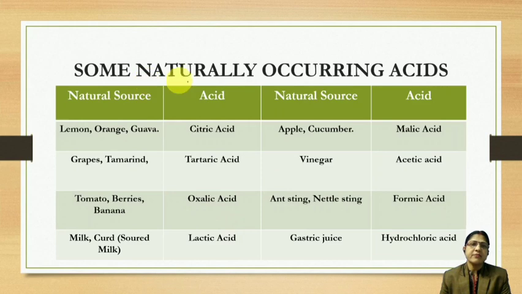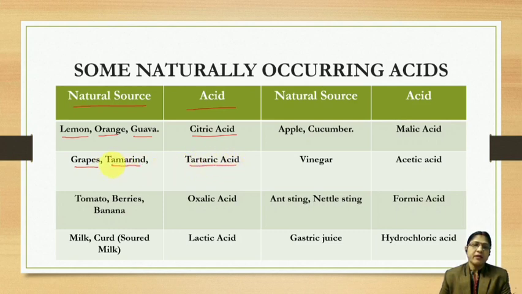Let us discuss some naturally occurring acids. Naturally means these are naturally available. So here I have listed some natural sources and the acid present in each. Everybody has tasted these definitely. Lemon, orange, guava, all these contain citric acid. Then grapes, tamarind, these contain tartaric acid.